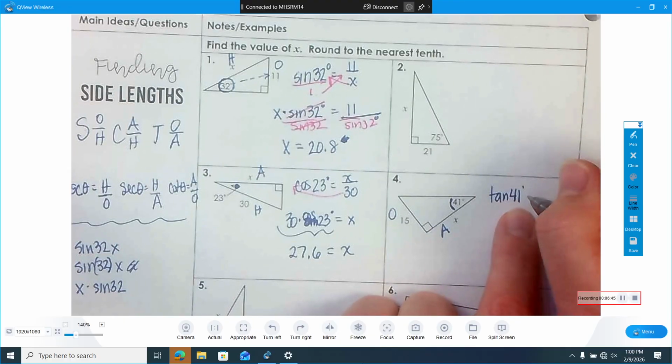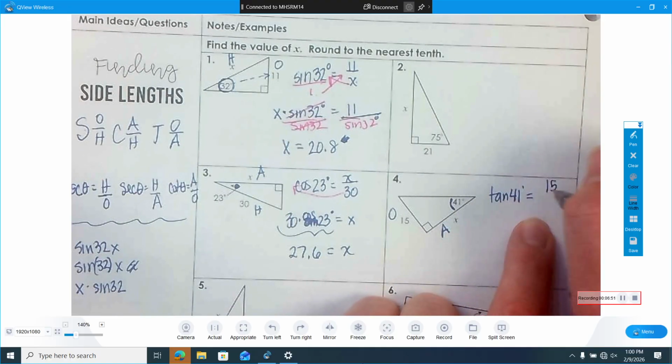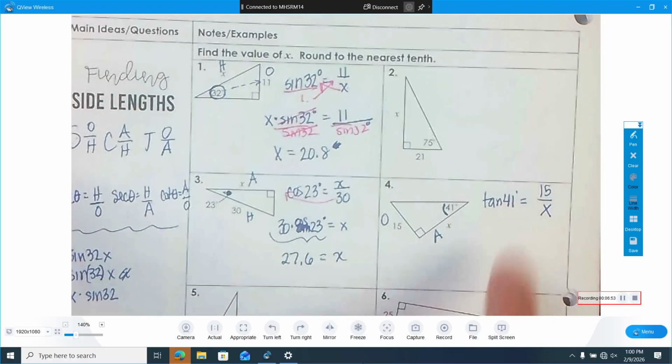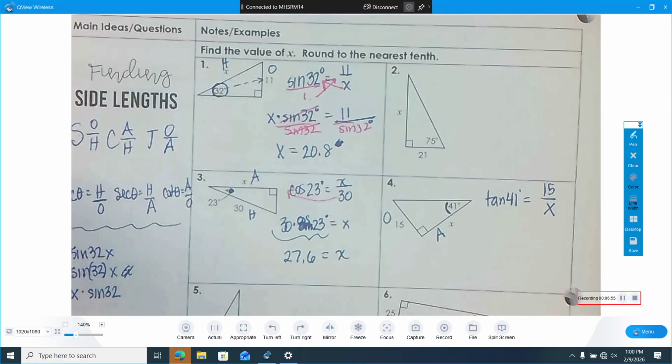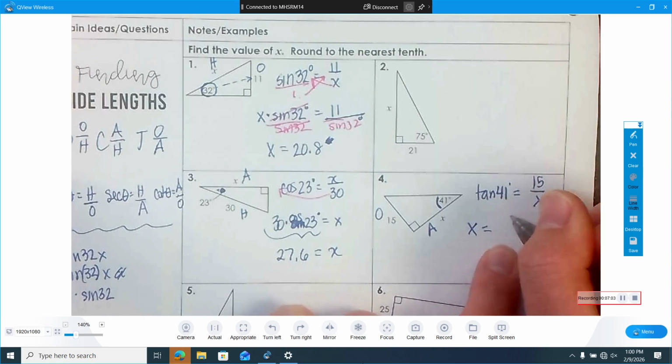So watch your notation. You absolutely need an angle measure or a theta there. Opposite 15 over x, our adjacent side. And then how do you solve for x there? Cross multiply. And ultimately, they just do a little swap, don't they? So it'd be 15 over the tangent of 41.